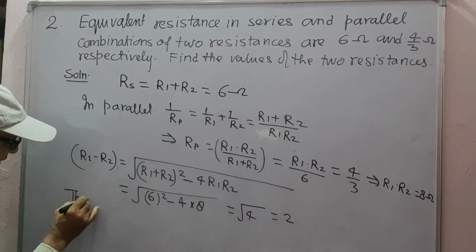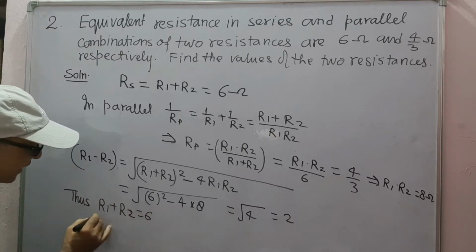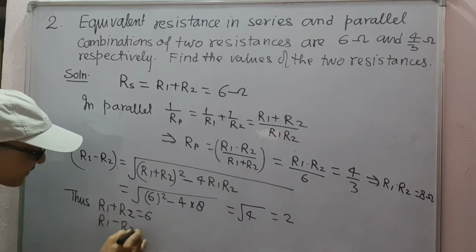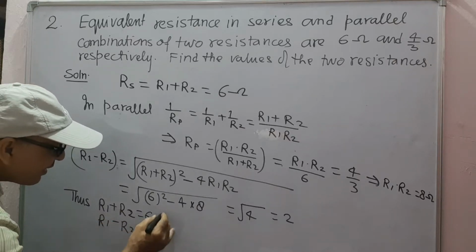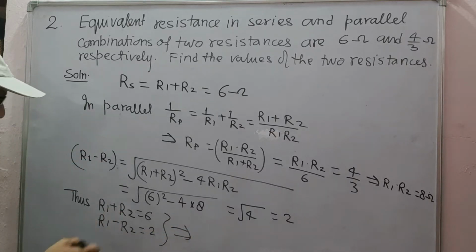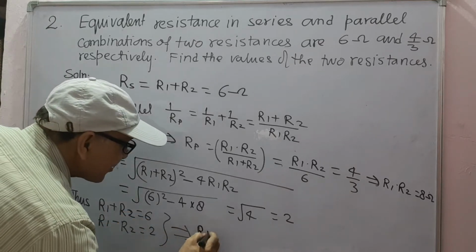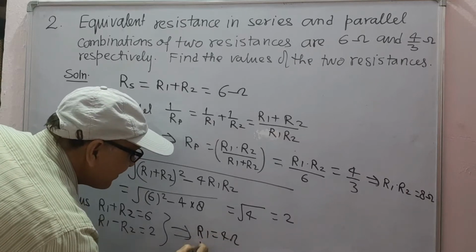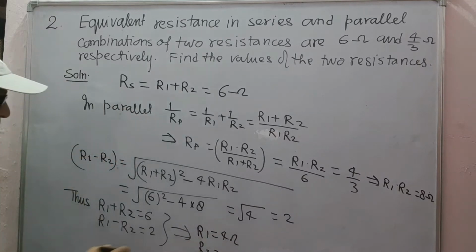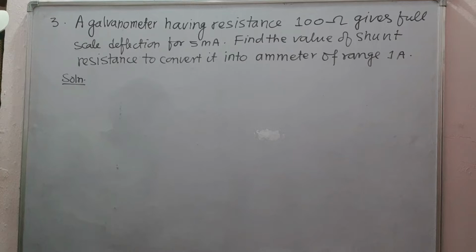Thus R1 plus R2 is equal to 6 and R1 minus R2 is 2. On solving these two, we get 2R1 is equal to 8. Therefore R1 is equal to 4 ohm and R2 is equal to 2 ohm.